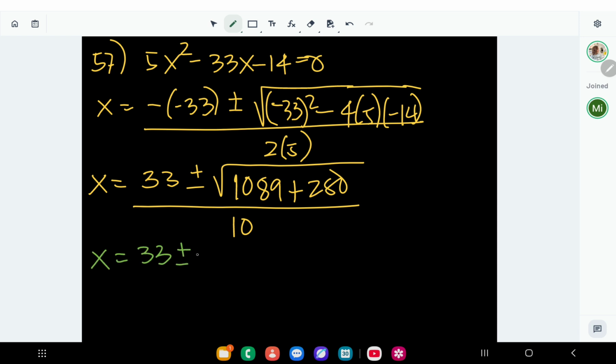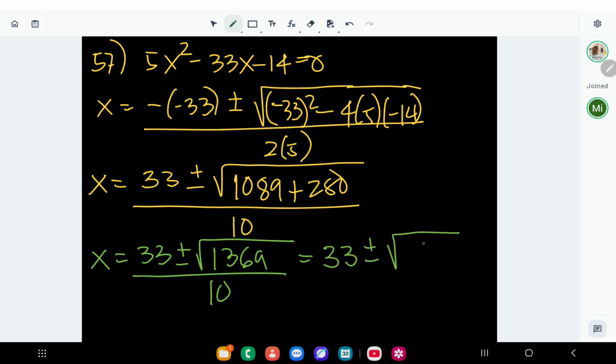Then we simplify this further. 33 plus or minus the square root of 1089 plus 280, which is 1369, over 10. Is 1369 a perfect square? Oh, it's a perfect square. It is, because you can write that as 37 squared.